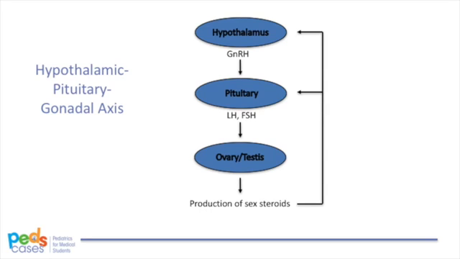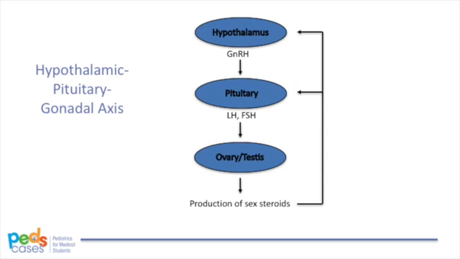In the hypothalamus of the brain, there are neurons that synthesize a hormone called gonadotropin-releasing hormone, or GnRH. GnRH is transported through a group of blood vessels called the hypophyseal portal system to the anterior pituitary, where there are cells that make gonadotropins.